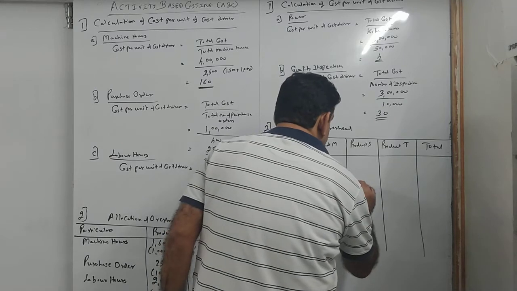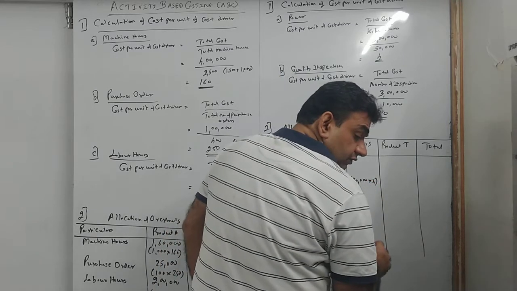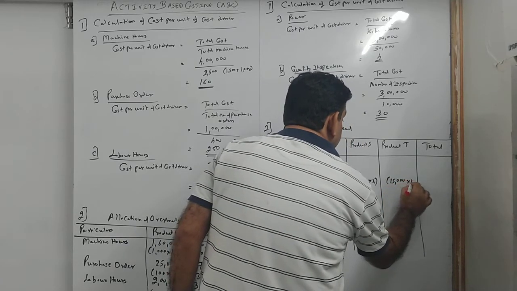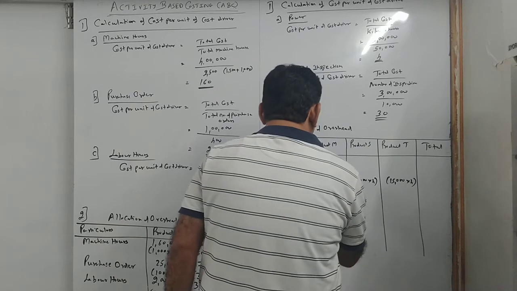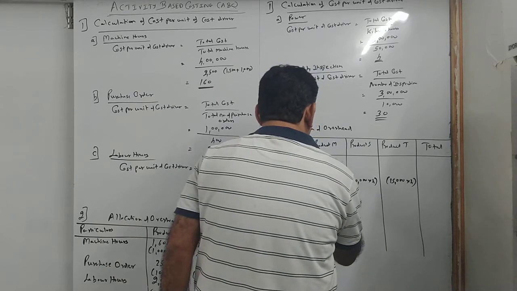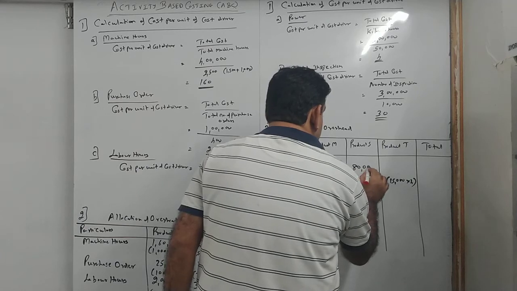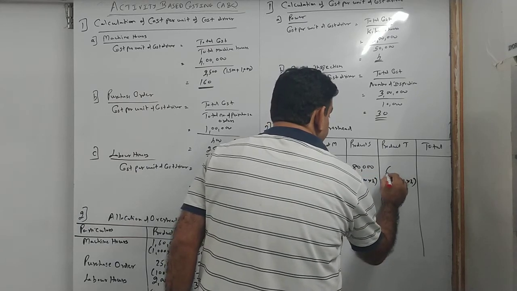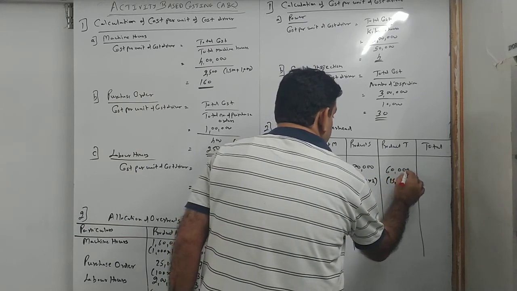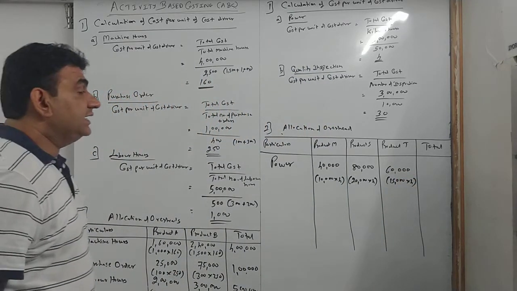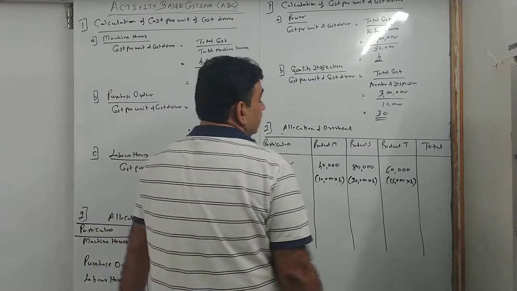S. 20,000 into 4. T 15,000 into 4. ठीक है, so 40,000, 80,000 and 60,000. Got it? 40, 60, 80.